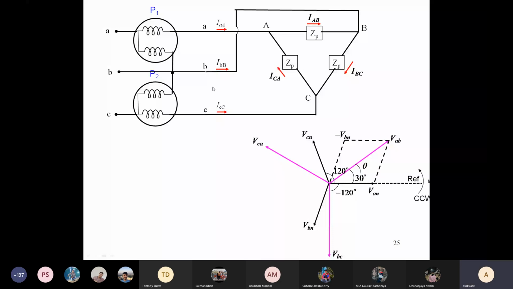At a particular angle theta, the IAB is there. IAB, the phase current in the delta connected load, lags VAB by an angle theta.